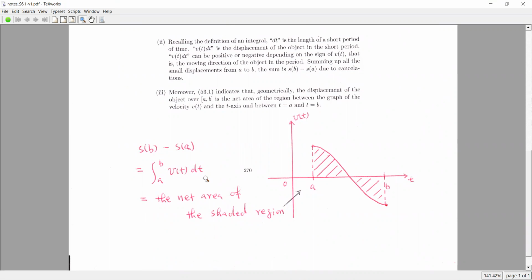Then this integral is the net area of this shaded region. The formula says that the displacement of the object over the time interval A to B is the net area of this shaded region.